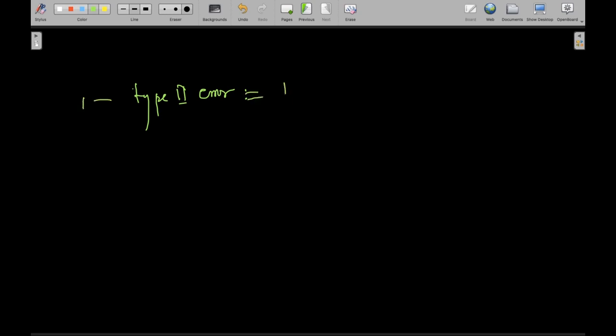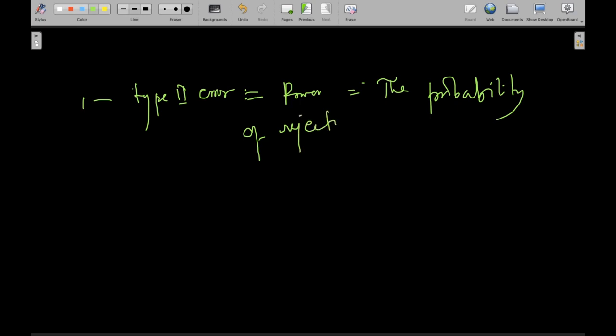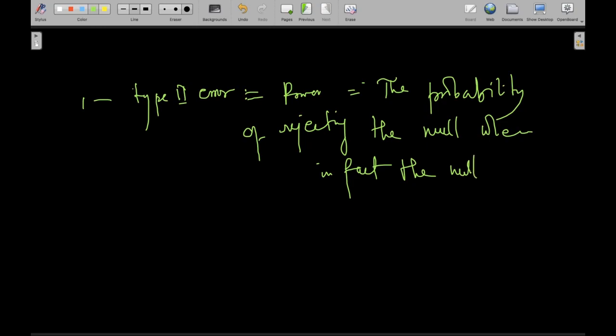So it is going to be the probability of rejecting the null when in fact the null is false.